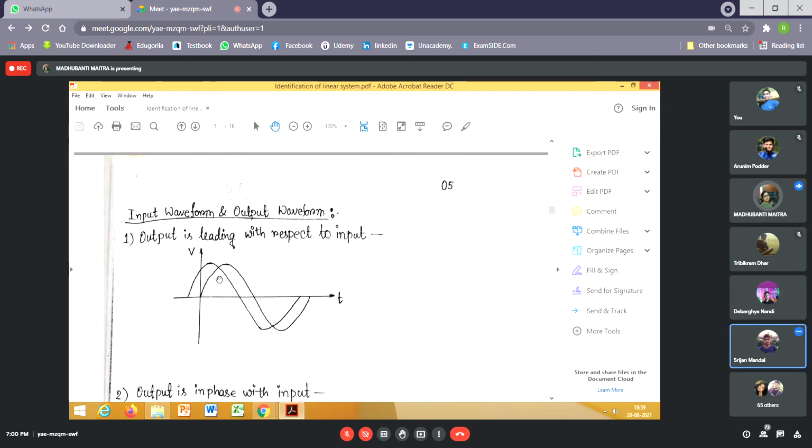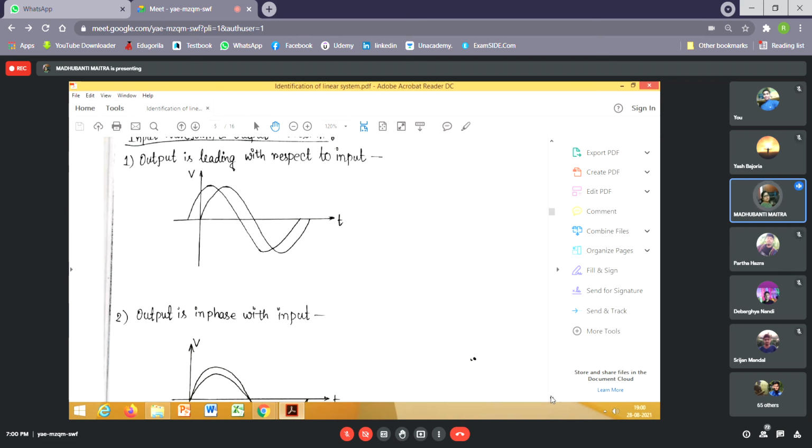So output is leading with respect to input. So that means in this particular waveform, which one will be the output? Left one is the output. This one is the output signal and this one is the input signal. Am I right? Yes, ma'am. Okay.